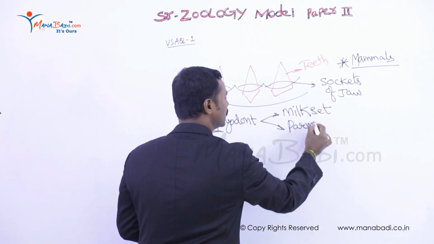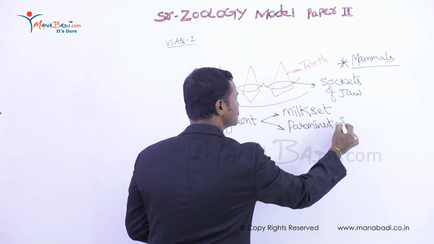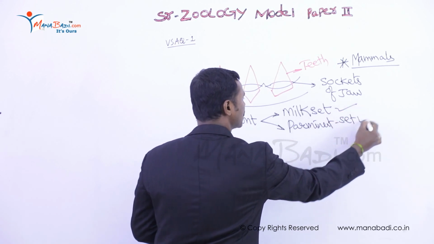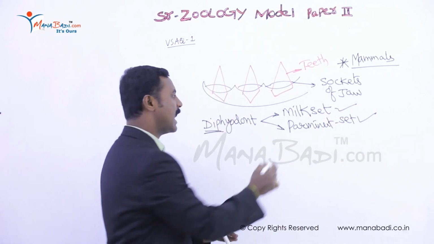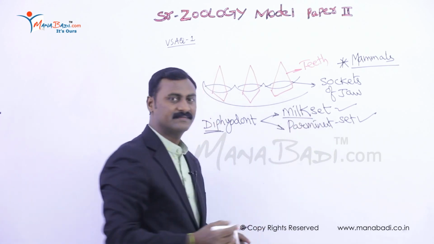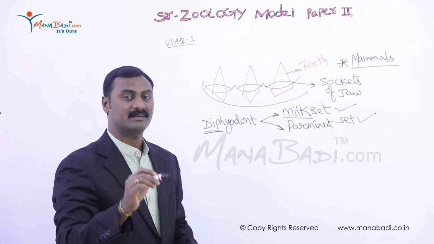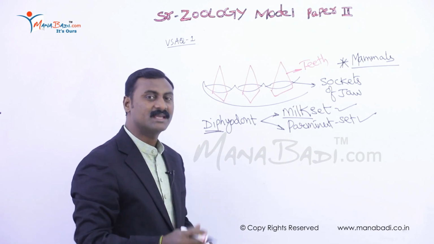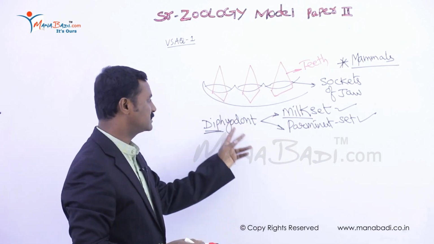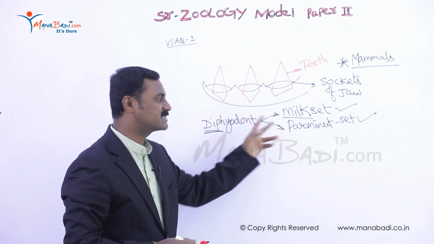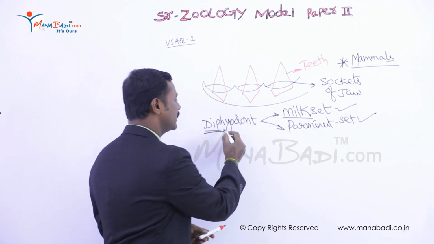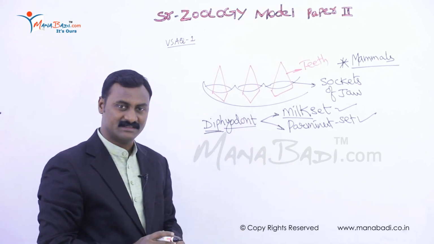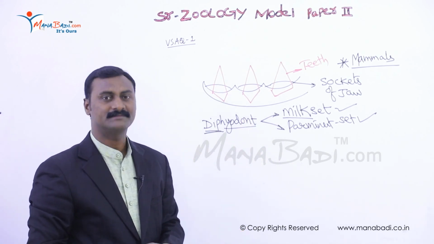Especially in childhood we have milk teeth, and they are replaced by permanent teeth. So that's why in a lifetime there are two sets of teeth, and that's why it is called diphyodont dentition. Okay, understood now?